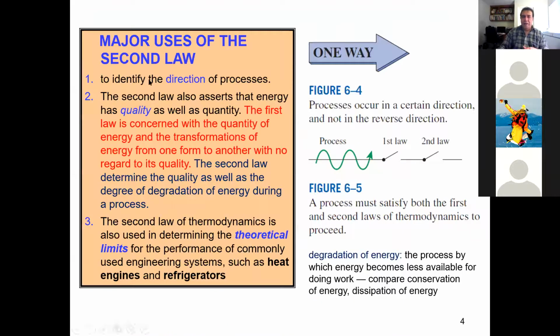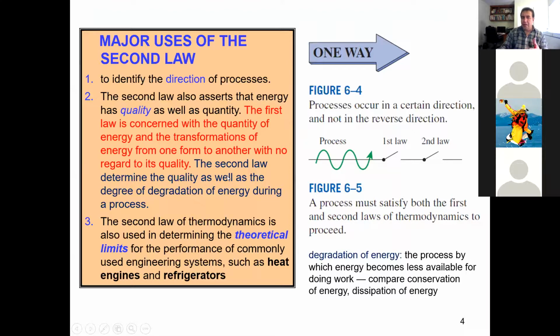And then it says to identify the direction, these are the major uses of the second law. To identify the direction of the processes. The second law also asserts that energy has quality as well as quantity. The first law is concerned with the quantity of energy and transformations of energy from one form to another with no regard to its quality.